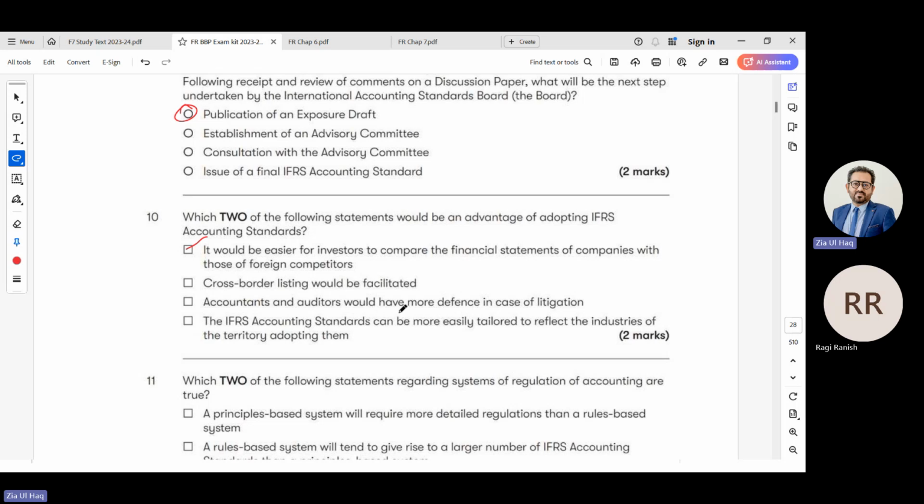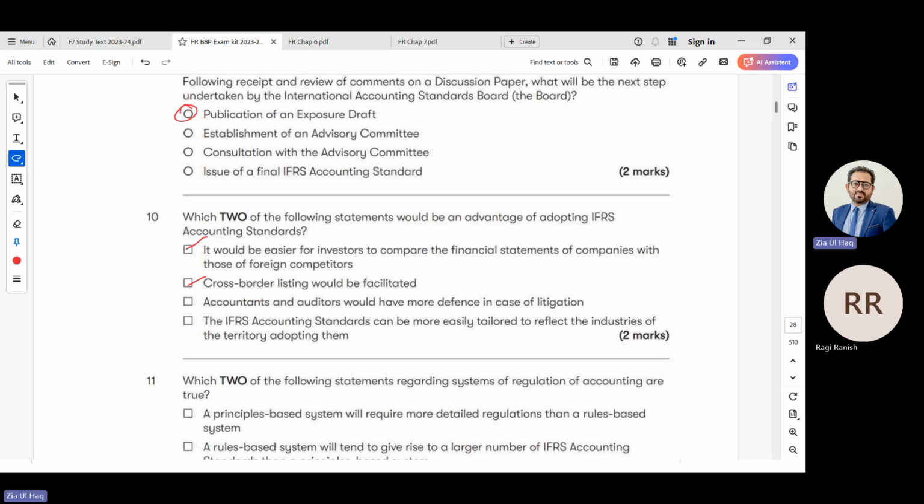Accountants and auditors would have more defense in case of litigation. No. The IFRS accounting standards can be more easily tailored to reflect the industries of the territory adopting them. No, according to territory, there will be different rules.